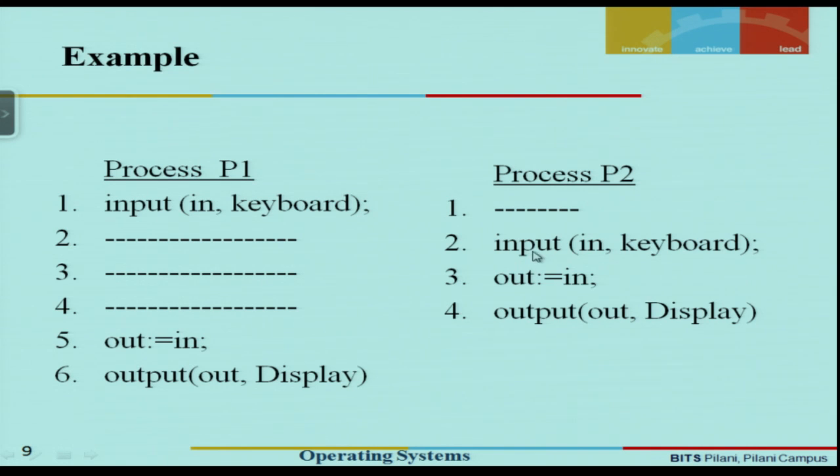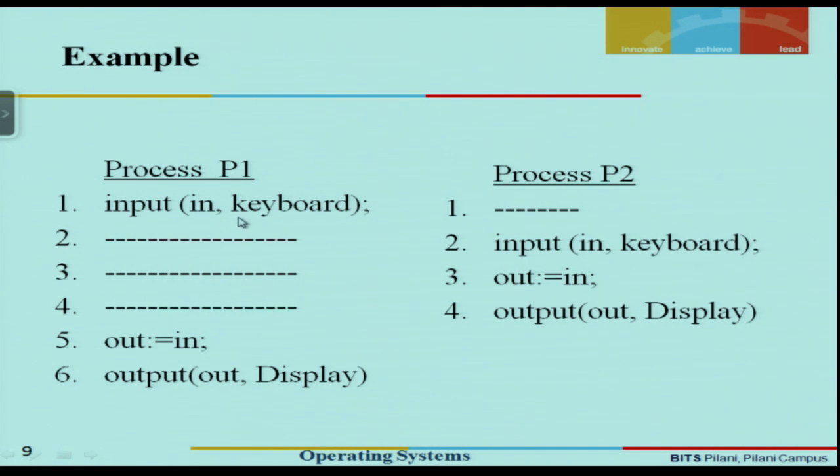So this executes, and after that out becomes equal to y, and then you invoke the output function which will display y on the screen. Now let us assume that after executing this instruction, the control returns back to process 1.